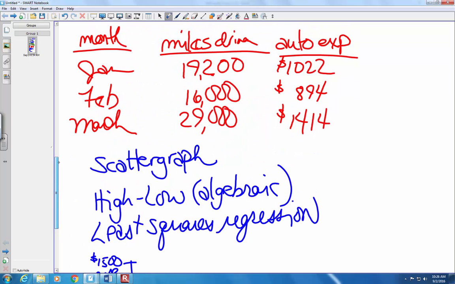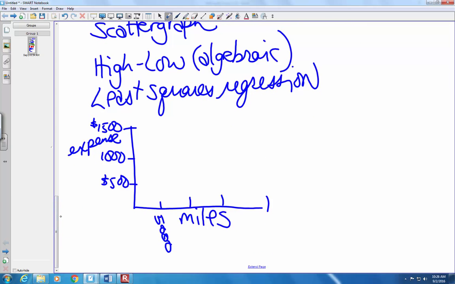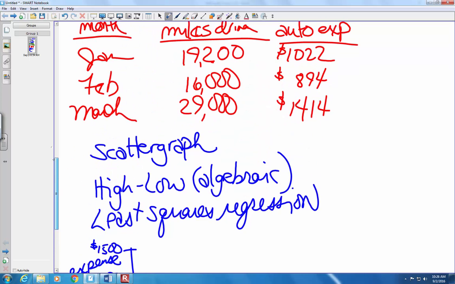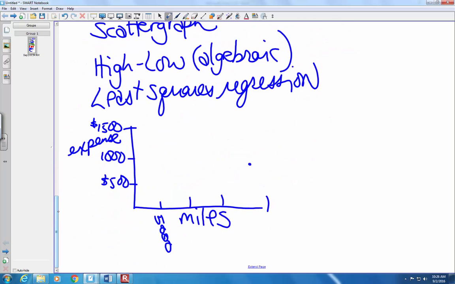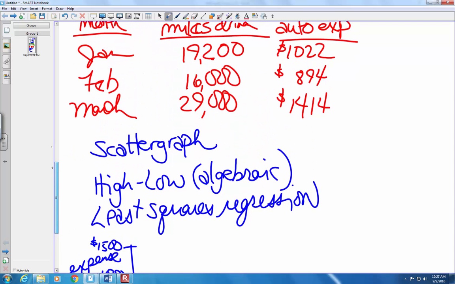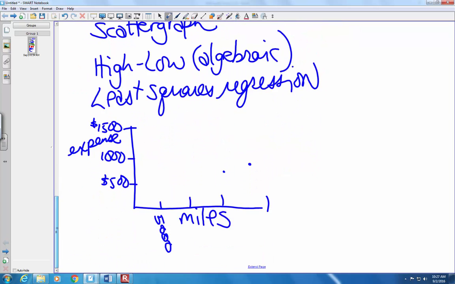So the first one at 19,200 miles, probably around here, what was the cost? 1,020. I'm just plotting here. And at 16,000 miles is $894, so that's about here. Yeah? And at 29,000 miles, oh, I've got to go way out here, don't I? At 29,000 miles is 1,400.